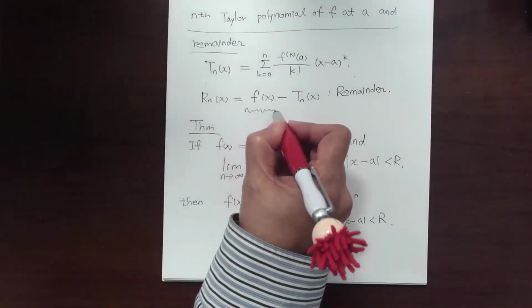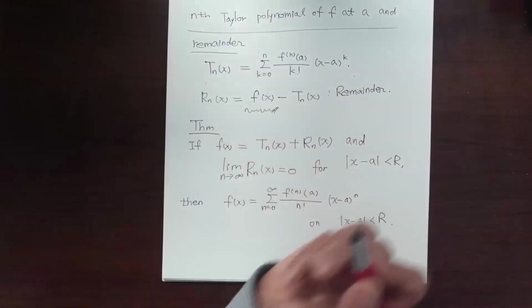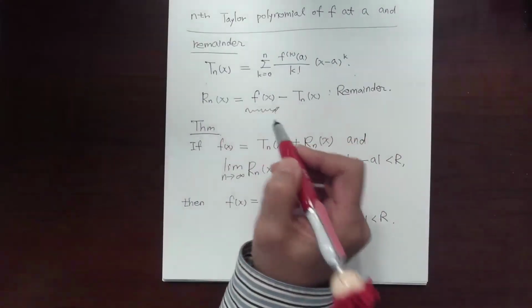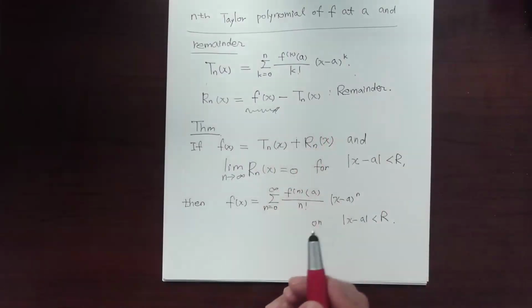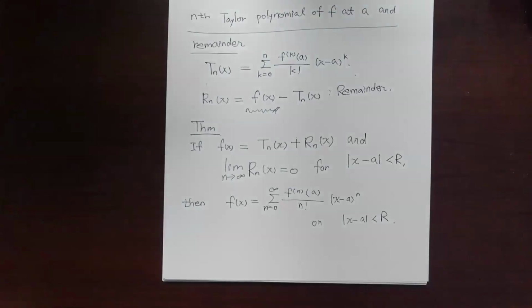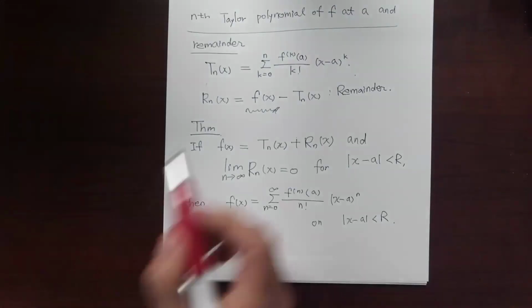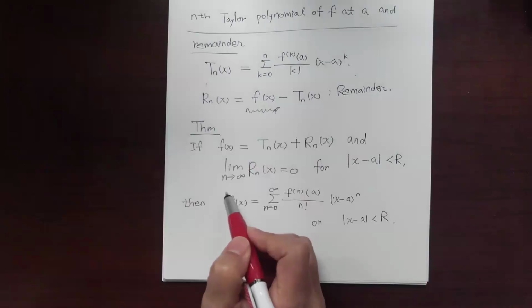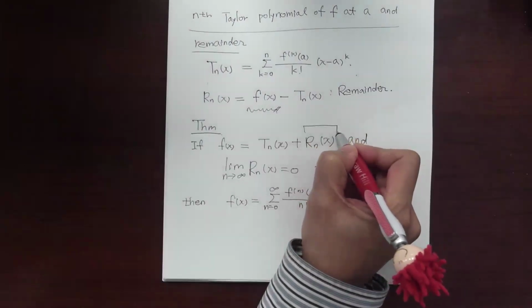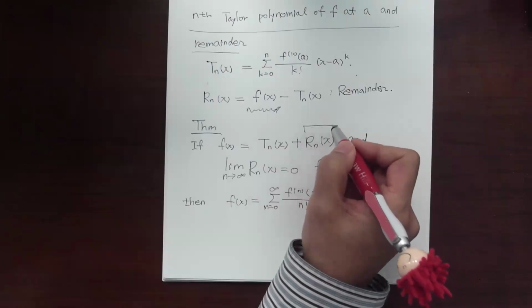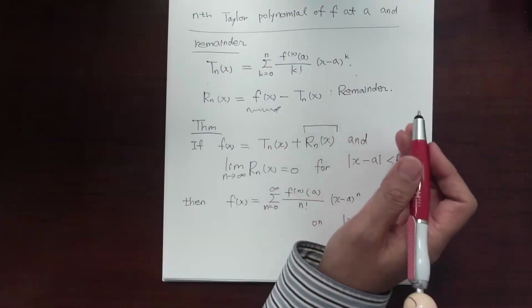F of x is just a function. So R sub n doesn't really have to be in polynomial form, but what it says is the limit of R sub n goes to 0. This remainder term, or remainder part, goes to 0 as n grows.